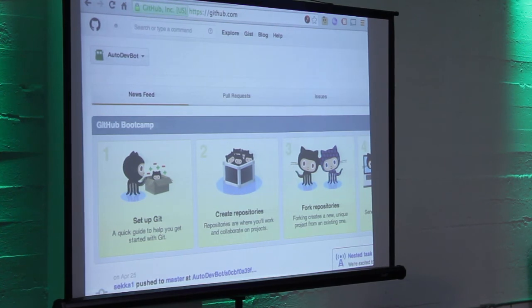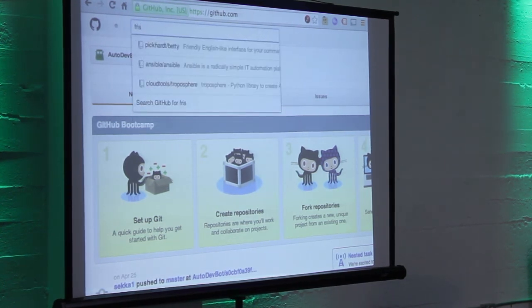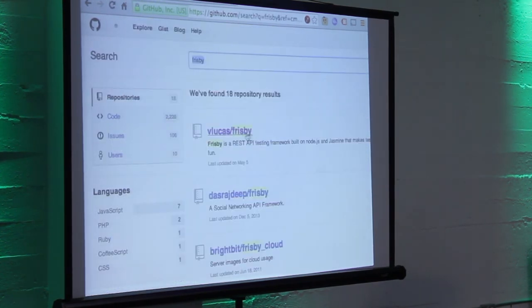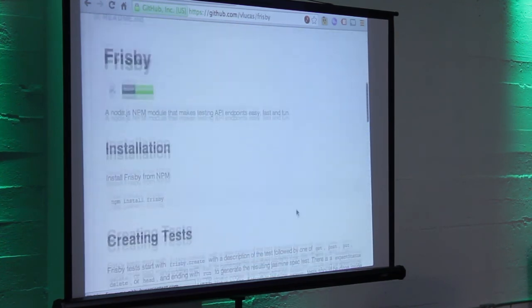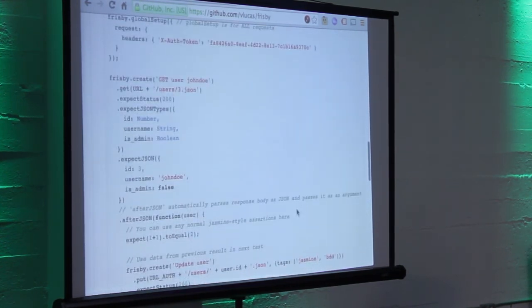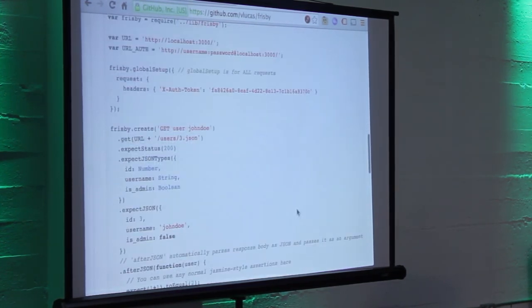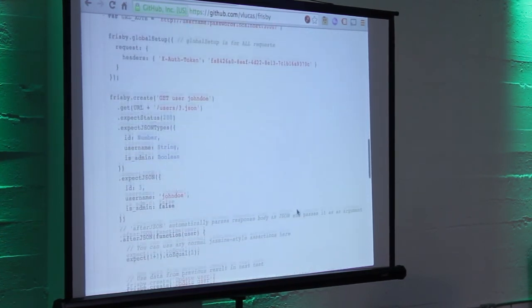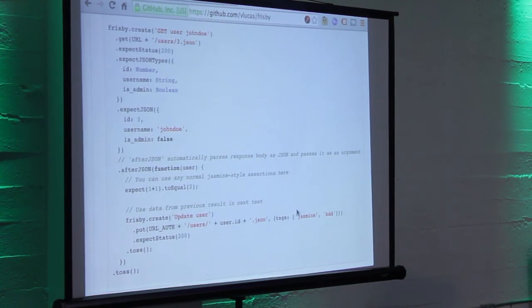Some of the problems we've been running into were that usually you would have to authenticate before you did anything.